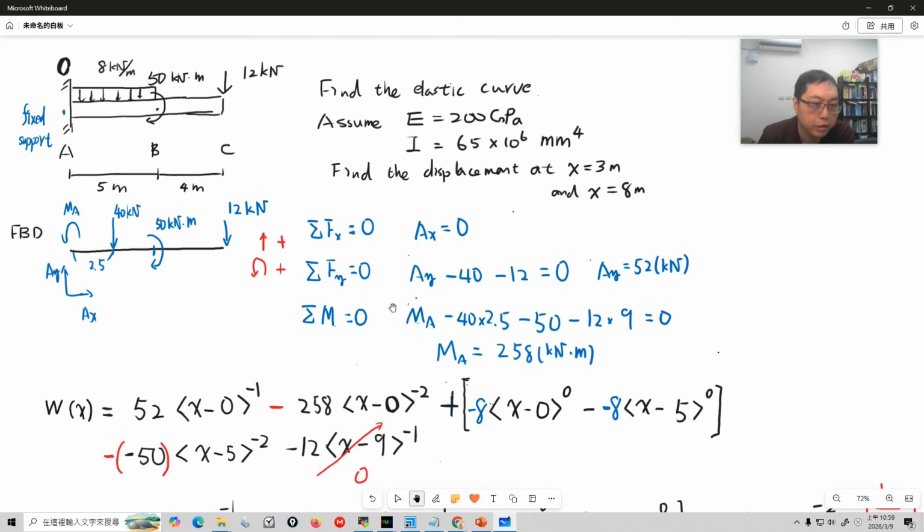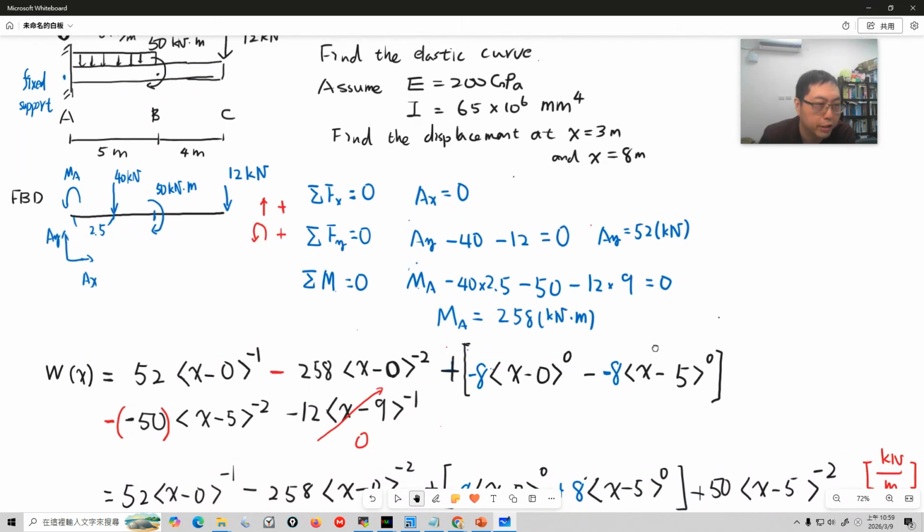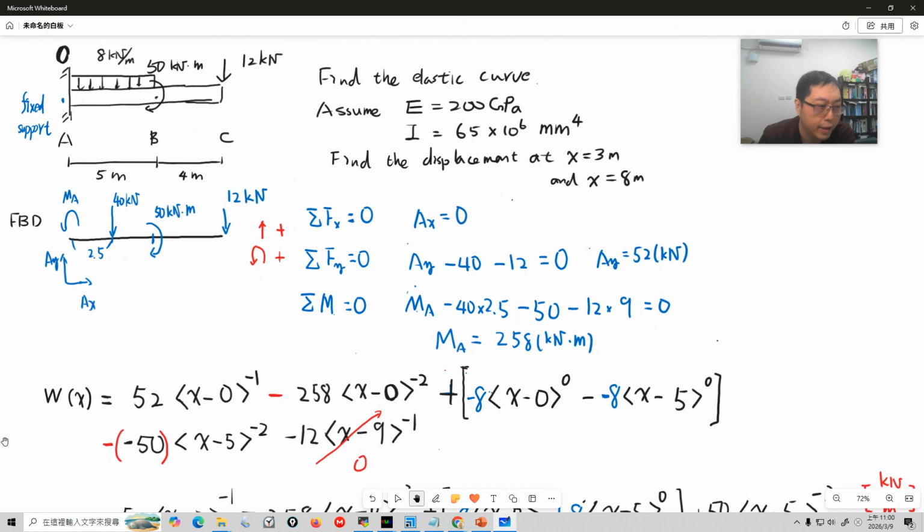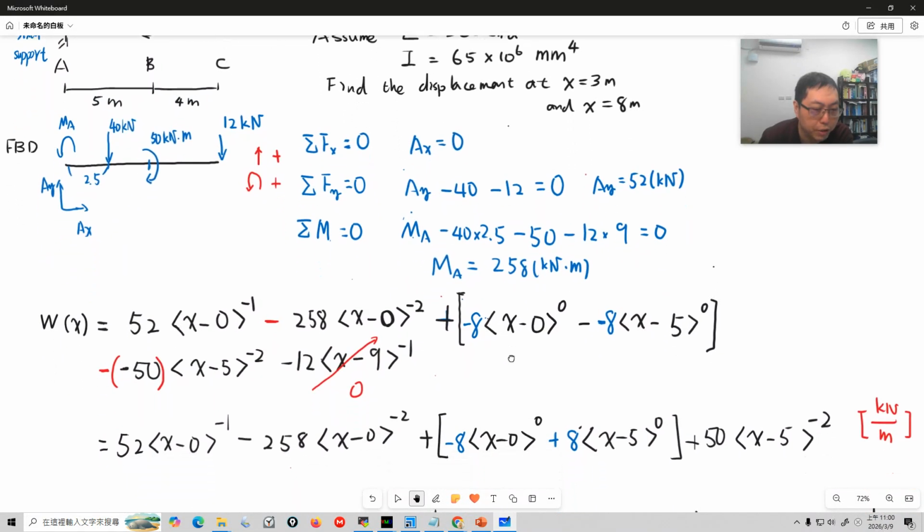Then represent this moment and loading by a discontinuity function. But for the moment, be careful: we want the internal moment, so we have to use the minus sign in front of the moment. And be careful for the force direction.